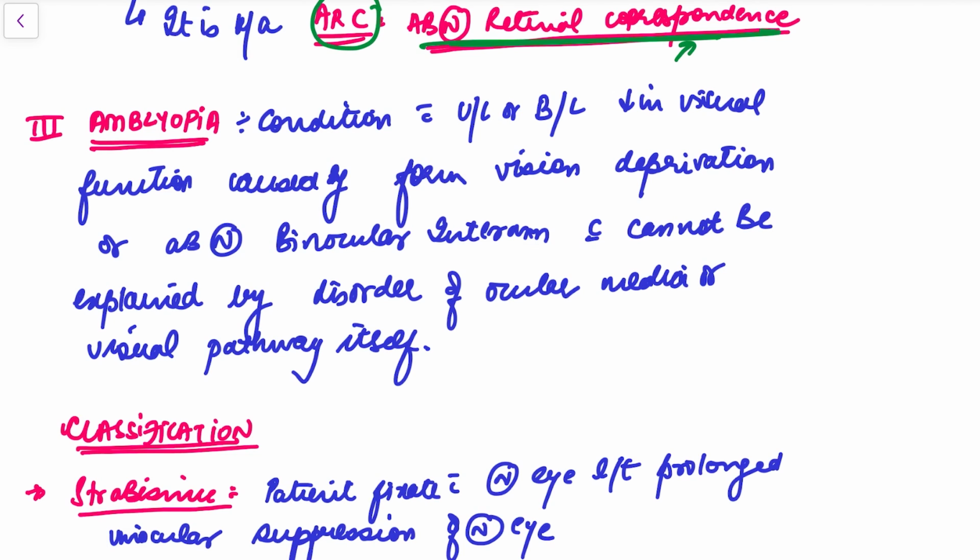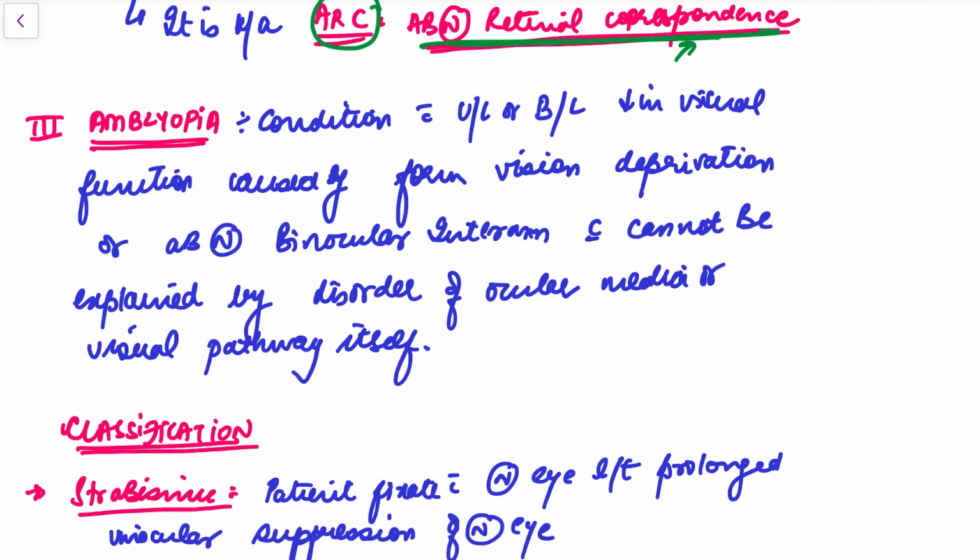So it means even after there is no pathology in the eye, after correcting the pathology or after correcting the squint, the image is not forming on the brain. The brain is not receiving signal from that eye. This is known as amblyopia. So it is the condition with unilateral or bilateral decrease in the visual function, which is caused by form visual deprivation or abnormal binocular interaction like squint, which cannot be explained by the disorder of the ocular media or visual pathway itself.